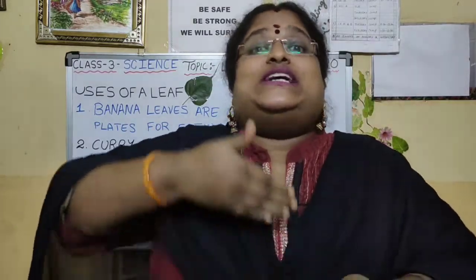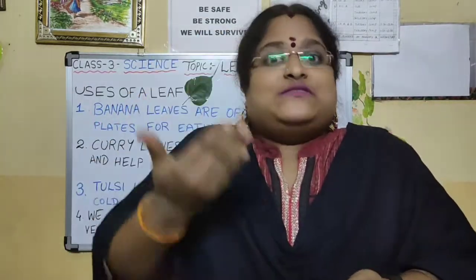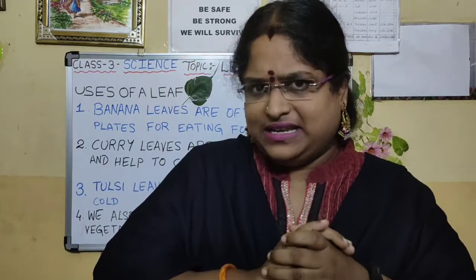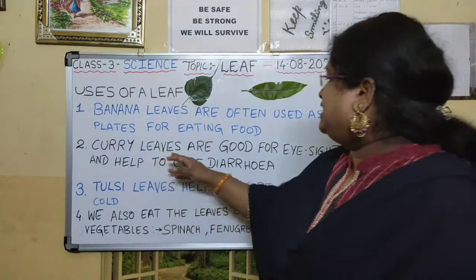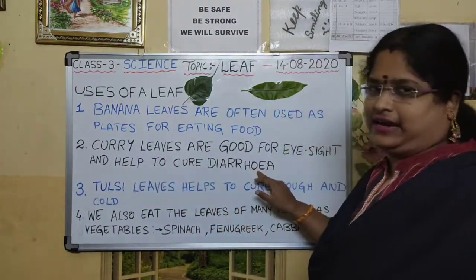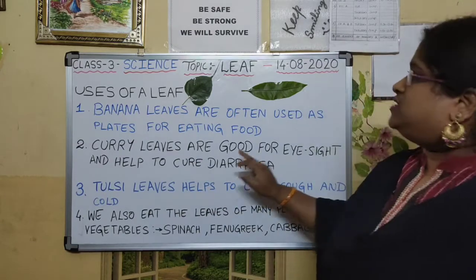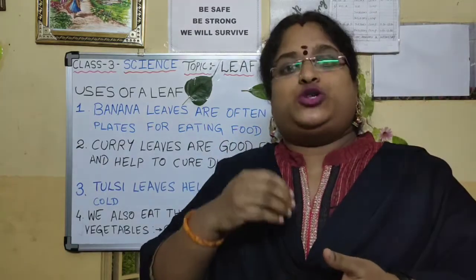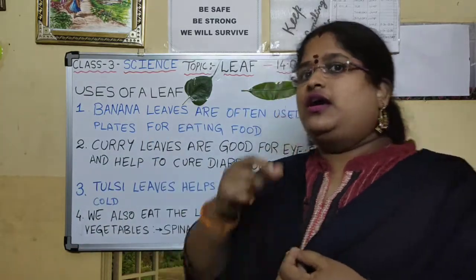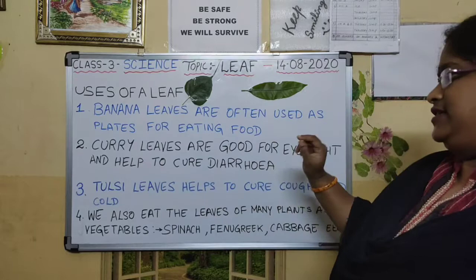So, it adds good aroma, means good fragrance, nice smell, isn't it? Also, it has the medicinal value. Curry leaves are good for eyesight and help to cure diarrhea, that is loose motion. See, children, now onwards, you should have curry leaves along with your food. You should not throw it, isn't it? Because it is good for your eyesight.